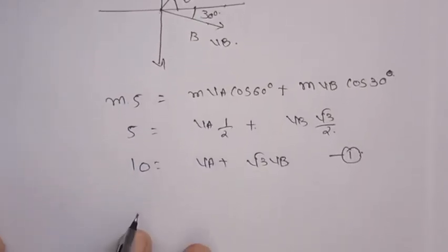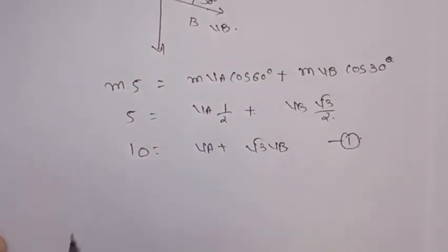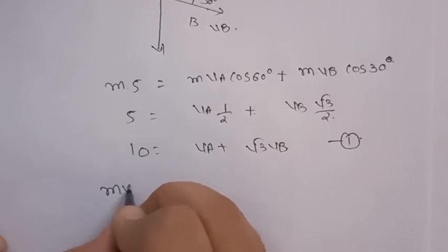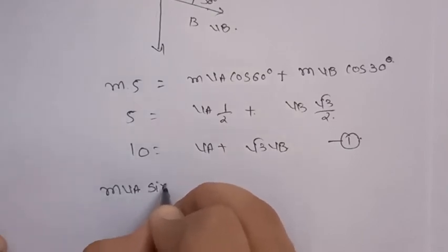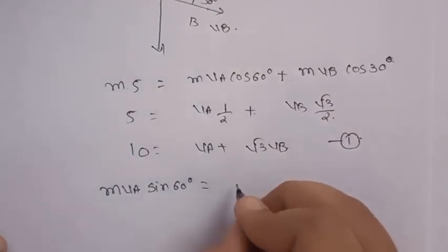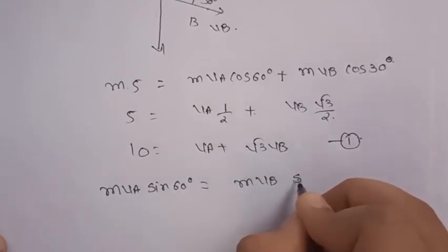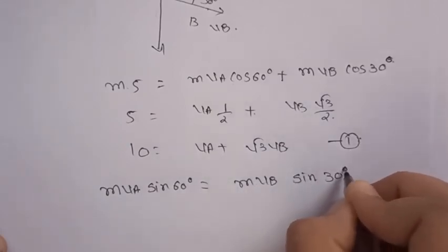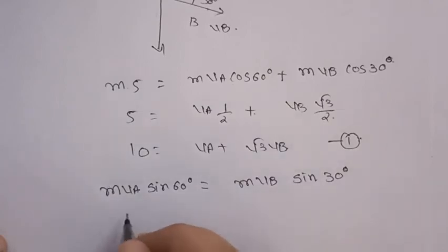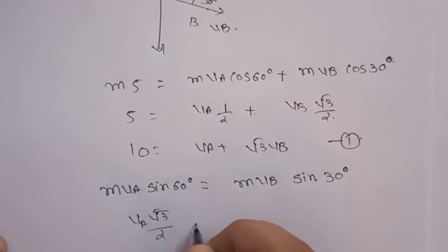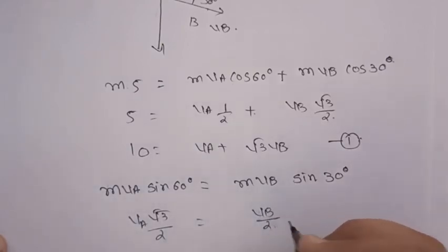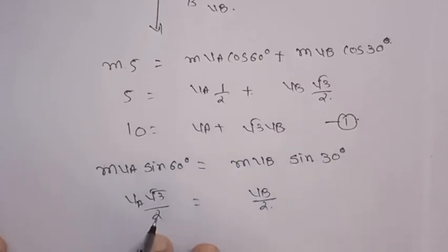So the y component of momentum will be equal. So m VA sin 60 degree is equal to m VB sin 30 degree. This m will get cancelled out. So we can write VA root 3 by 2 is equal to VB by 2. This 2 will get cancelled out. So we can write VB is equal to root 3 VA.